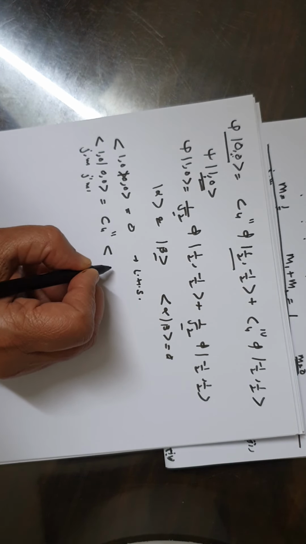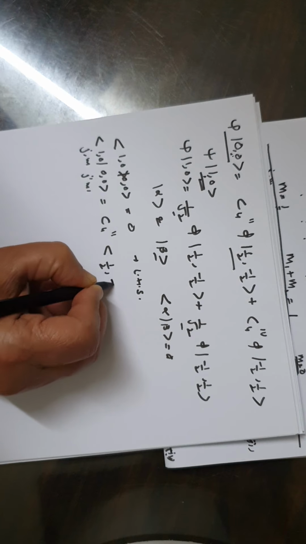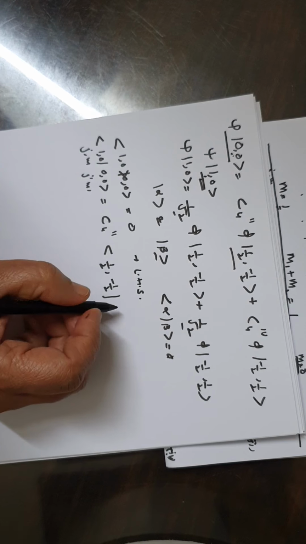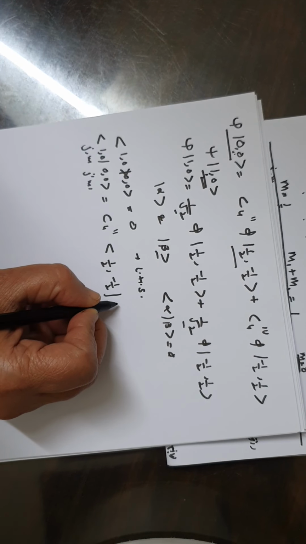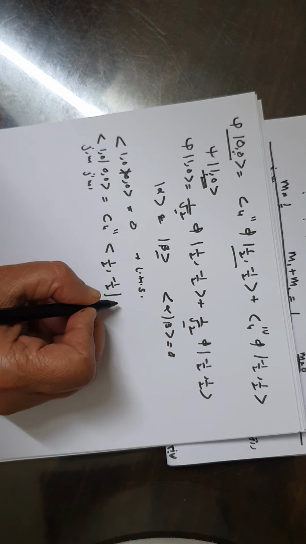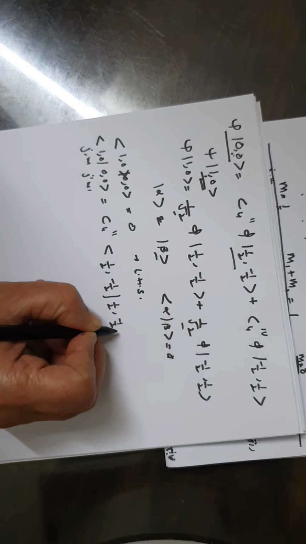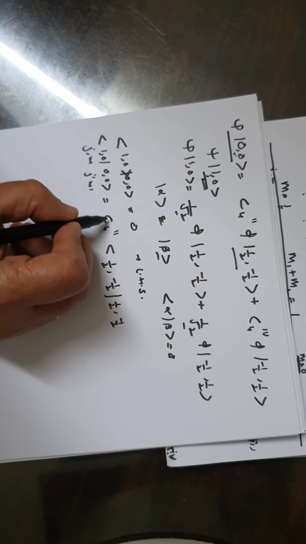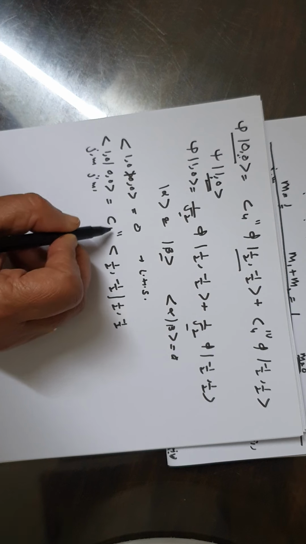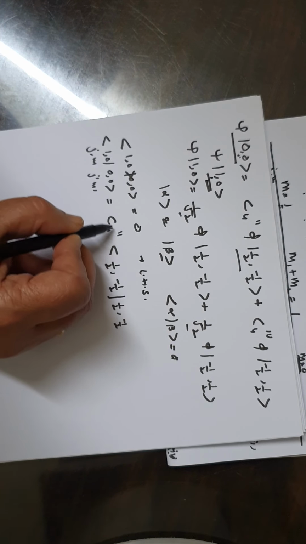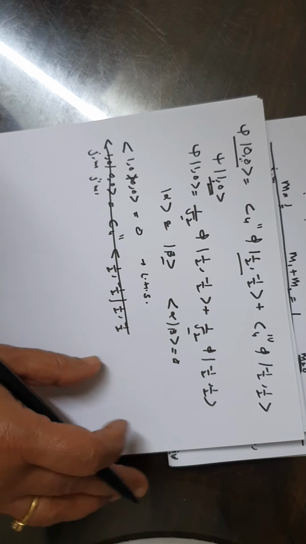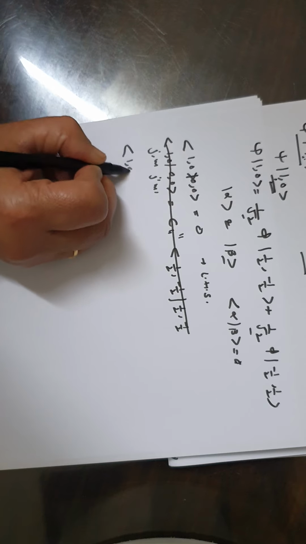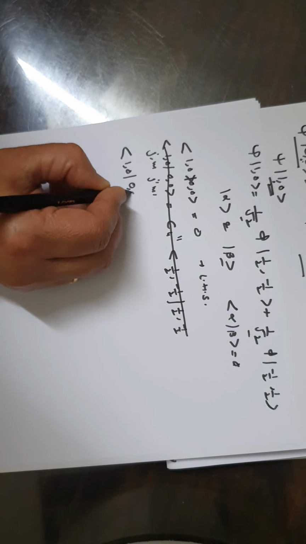Sorry, let's write it down first. Psi 1 0. Let me repeat this step. It is 1 0 and 0 0.